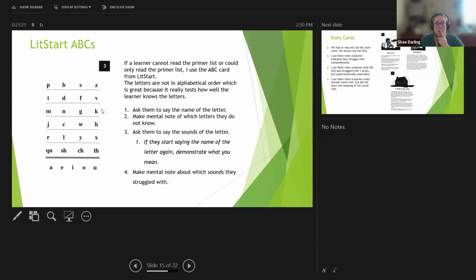Then it lets me know, do they even know the sounds? Or which one is going to be their default for the CH, because it has 3 sounds, and the TH has 2. And then it lets me know where they're struggling and which letters they do not know. Even for a native speaker, if they're really beginner and can't read and write real well, it lets me still know where their foundational phonics level is.